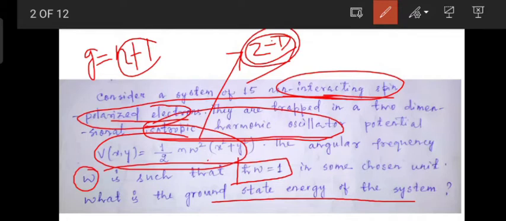Now we can arrange the 15 electrons in the ground state.